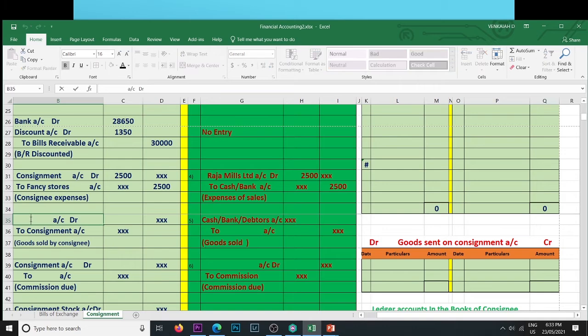Consignee name, Fancy Stores account debit, to consignment account, amount is 78,000.